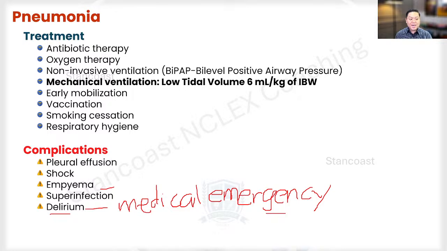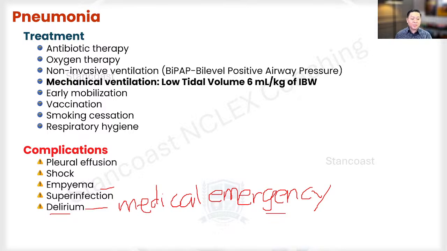Okay, now there is also a problem that is very common in the elderly population, especially if they develop delirium. This is a marker that they have developed a much more serious issue that would really require immediate attention. Now, delirium can also lead to some other problems.